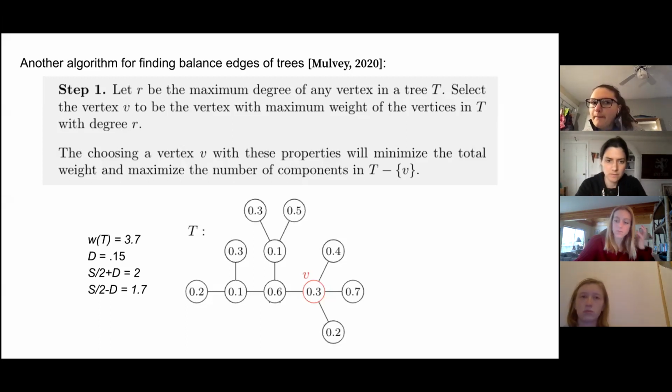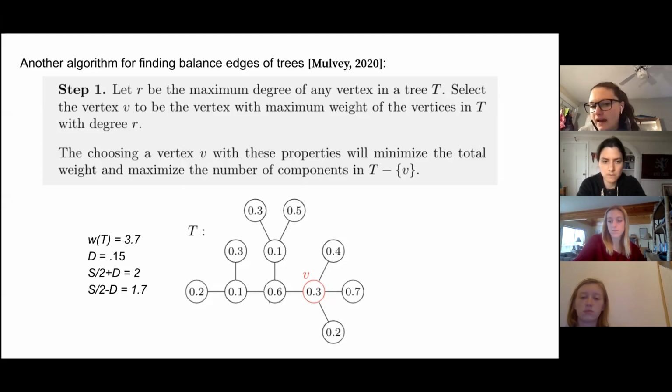So let R be the maximum degree, or the maximum number of other vertices any vertex is connected to in your tree. If you have more than one vertex that has maximum degree, select the one with the most weight, so it's weighted the most, or has the most people.